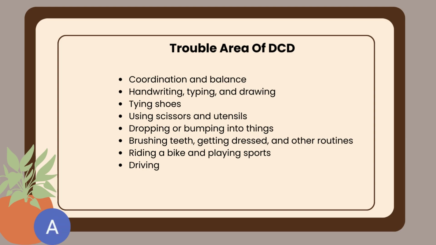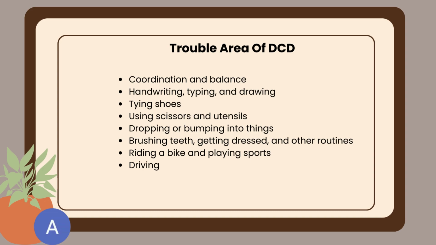The fourth one is using scissors and utensils, where the child struggles to use scissors, needing to adjust their fingers to open and close, and other utensils that need them to move their fingers or hands.